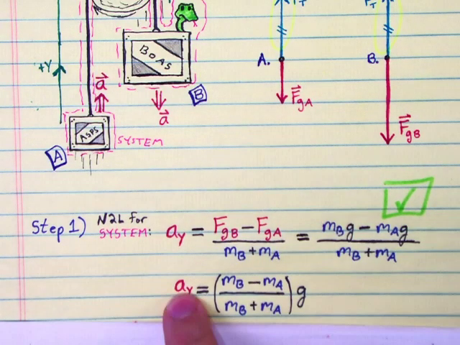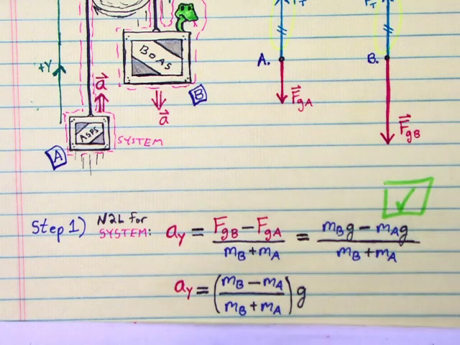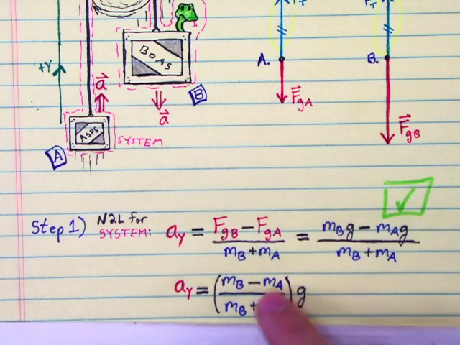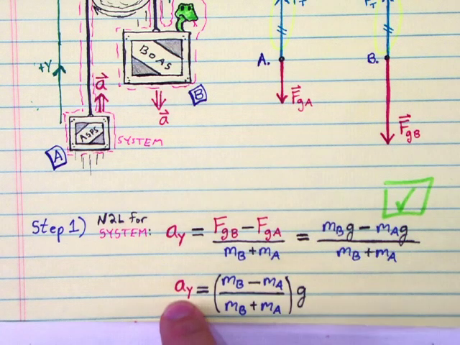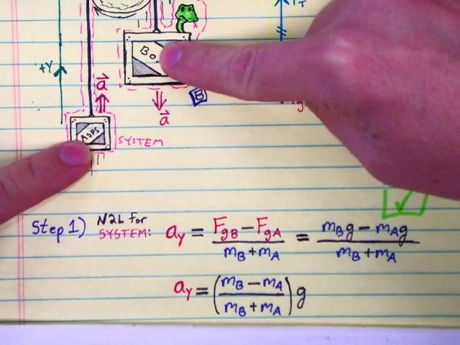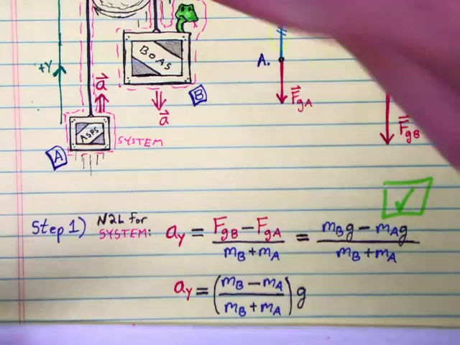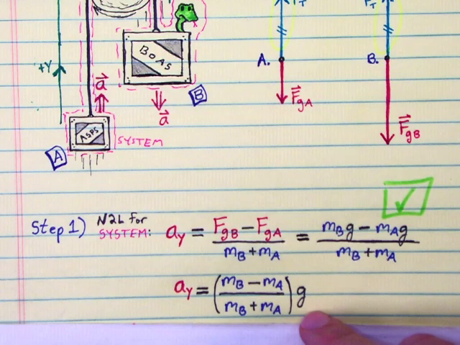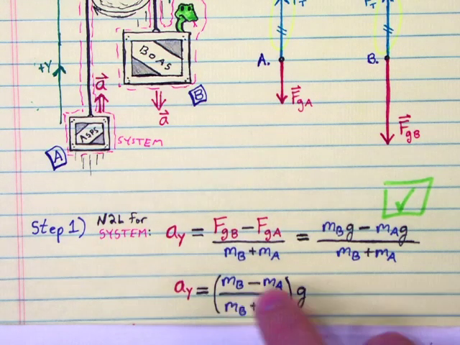That system would then be in dynamic equilibrium or static equilibrium. And furthermore, even if mass A was bigger, then this value here would be negative, just indicating that we would still be accelerating, but in the opposite direction. In that case, we'd be accelerating like this in our negative y direction, and this would still give us the correct answer. So this result is valid for all 3 cases: mass is equal, mass B greater, or mass A greater.